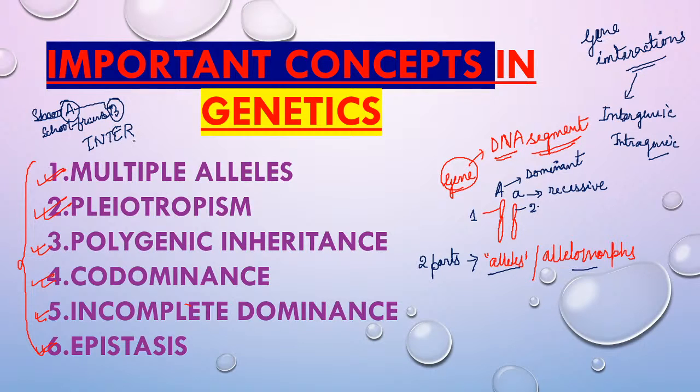Similarly, when there is competition between two separate genes, suppose between capital A and capital P, it will be known as intergenic in gene interactions.